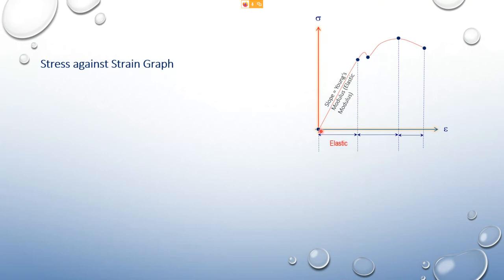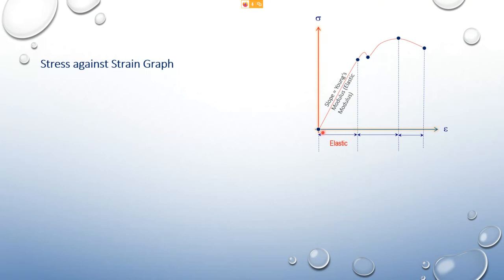So any rod or any bar that is subjected to this, we say that the material is elastic. What does elastic mean? Elastic means when you apply force or load onto the material, it will undergo elongation.